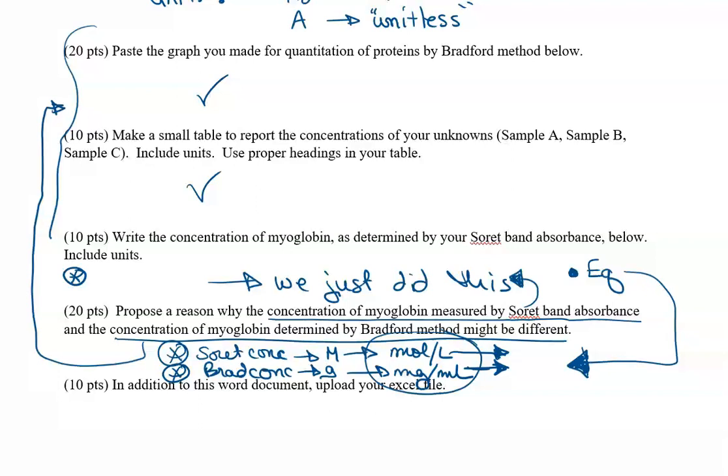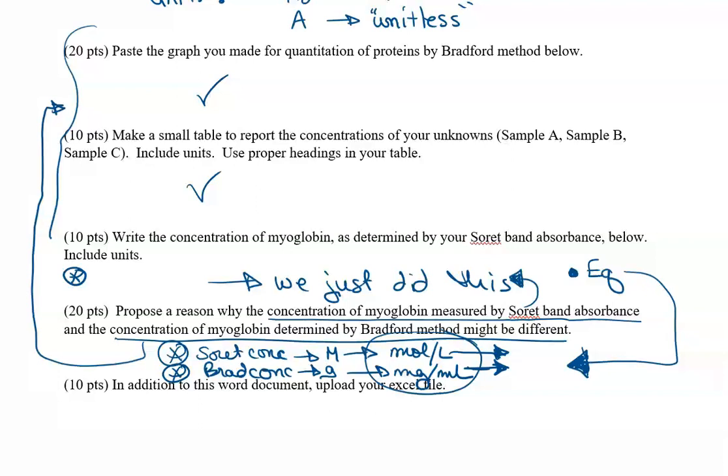You might also have had some loss of heme in the preparation. It has to do also with how the Bradford assay measures the total amount of protein in the sample. We're measuring the amount of protein based on a BSA standard, so there are some sources of error there.